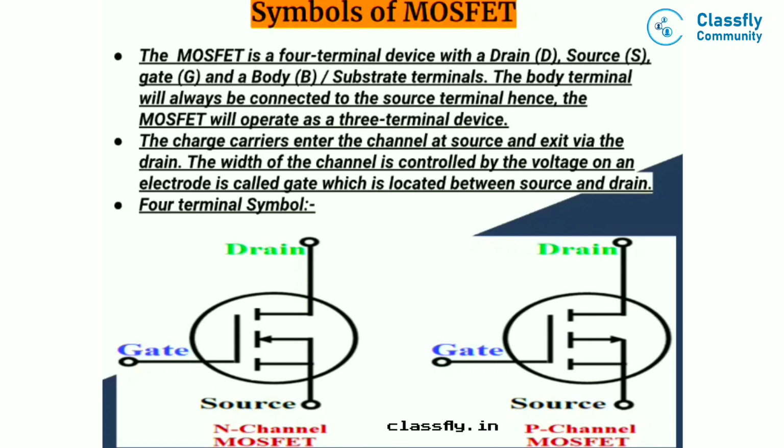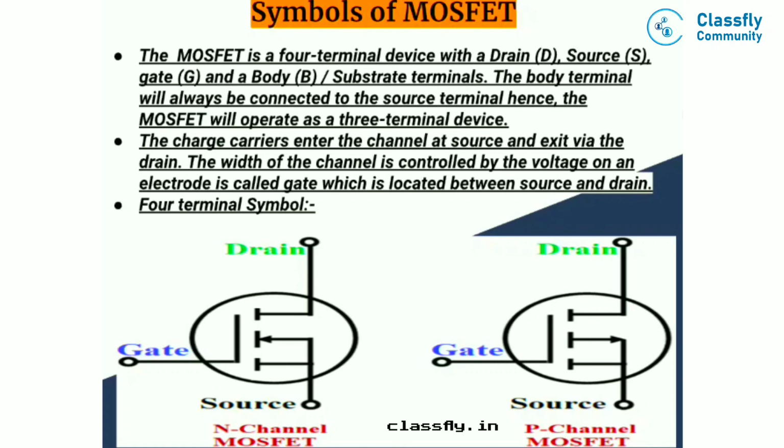The body terminal is always connected to the source terminal, hence the MOSFET will operate as a 3 terminal device. But it is basically a 4 terminal device when you are including the substrate.